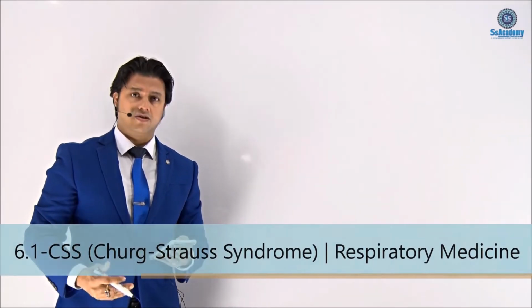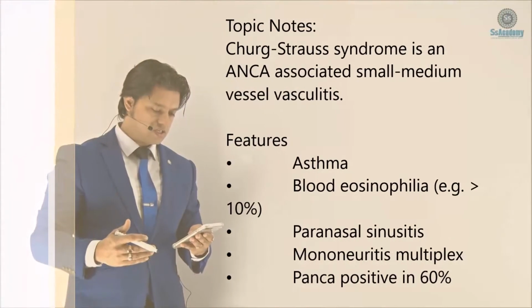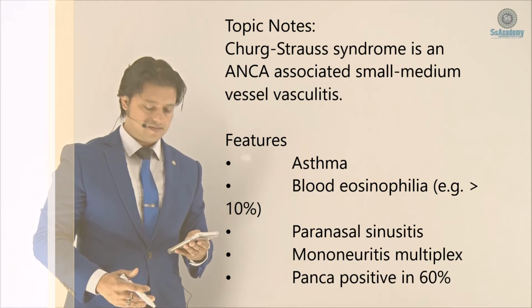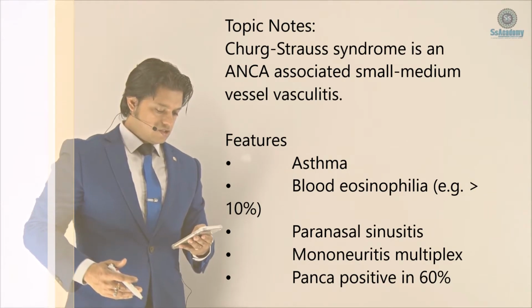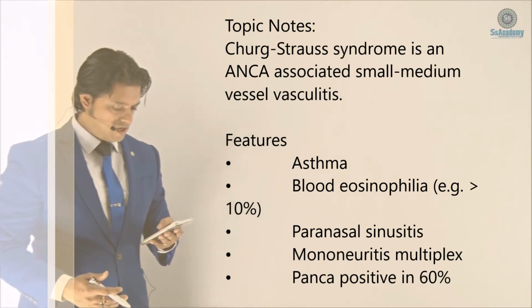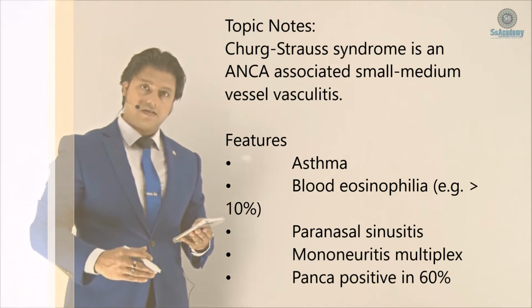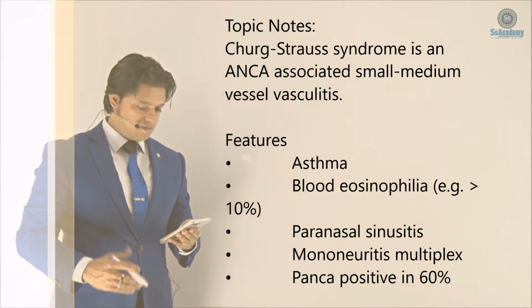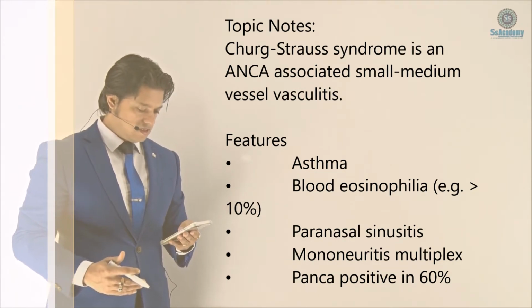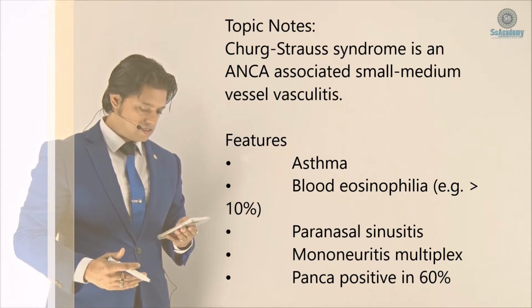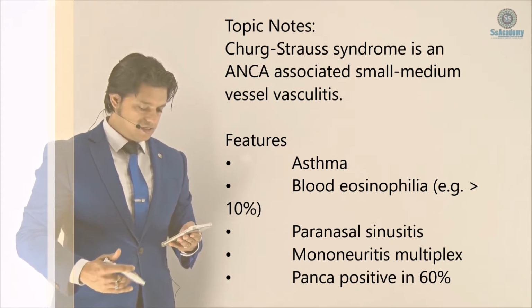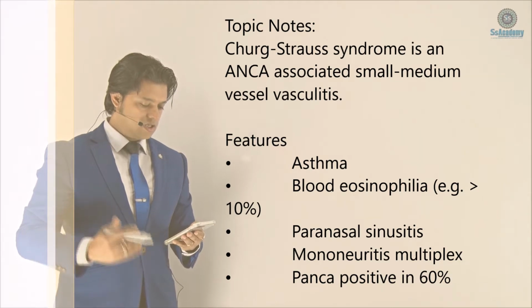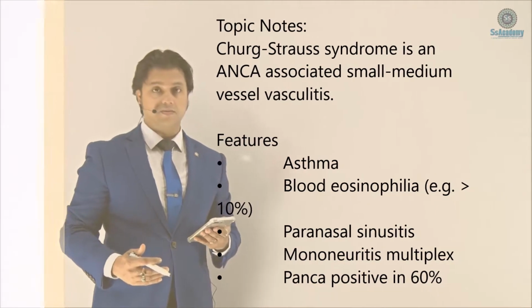So, what is written in your notes? Just follow me. Churg Strauss Syndrome is an ANCA-associated small vessel vasculitis. Features are asthma, blood eosinophilia greater than 10%, paranasal sinusitis, mononeuritis multiplex, and P-ANCA positive in 60% of cases, and leukotriene receptor blockers may precipitate the disease.